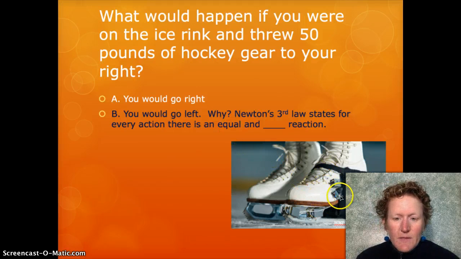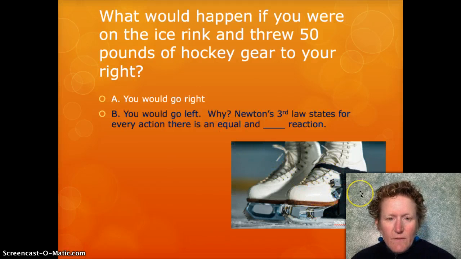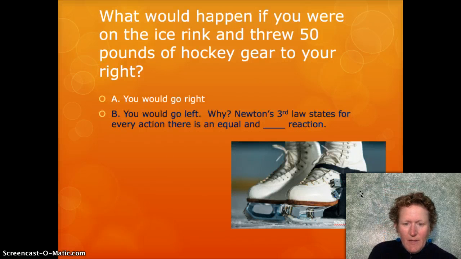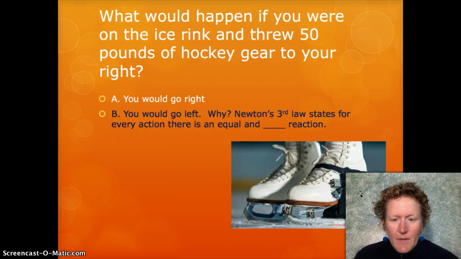How do we know these things? Because people actually study the forces applied to people on skates. Physics folks are studying the force applied to ice skaters, figure skaters in this case, as they jump and twirl and hit the ice.